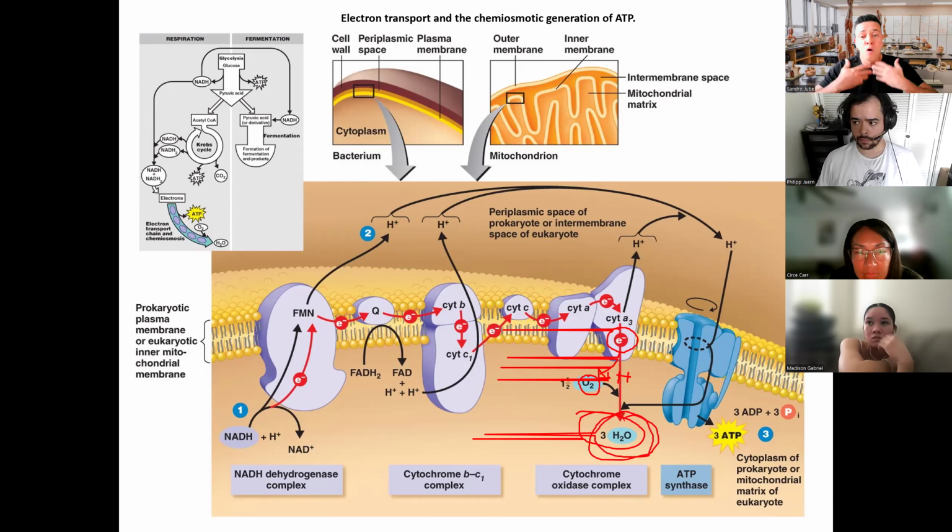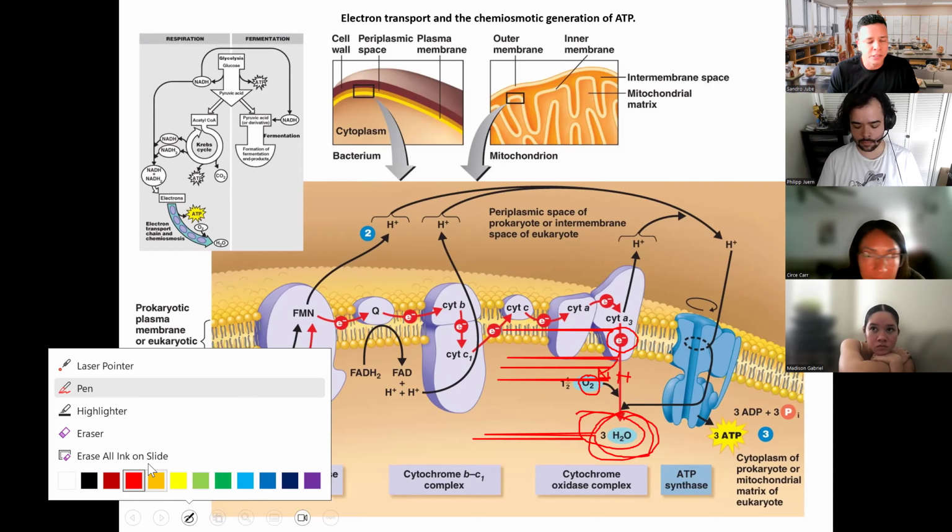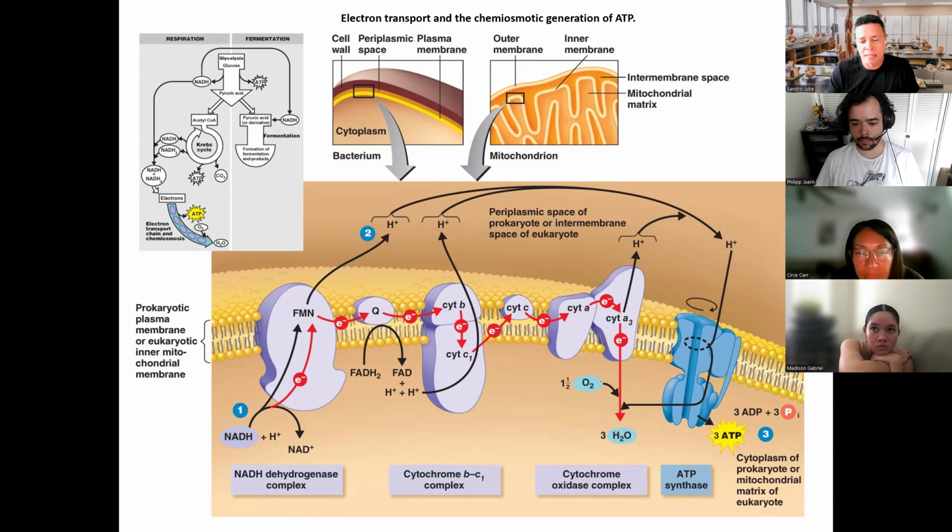It is being formed during the process of aerobic respiration, during oxidative phosphorylation. And this is why we need the oxygen gas, because again, I'm going to repeat that: oxygen gas is what we call the final electron acceptor.